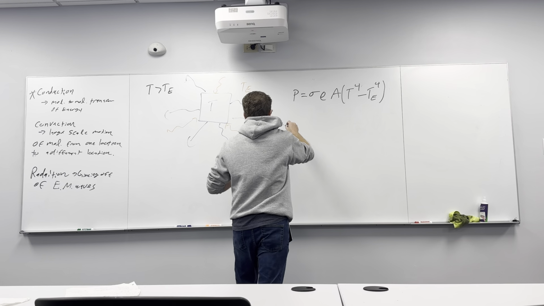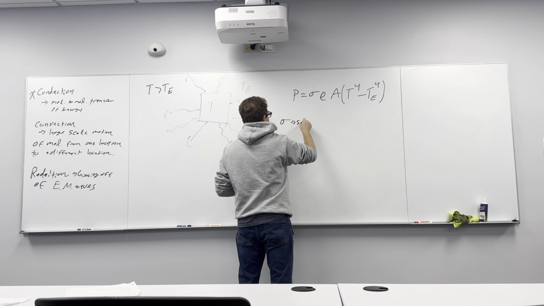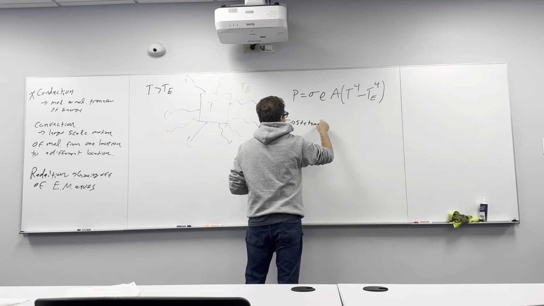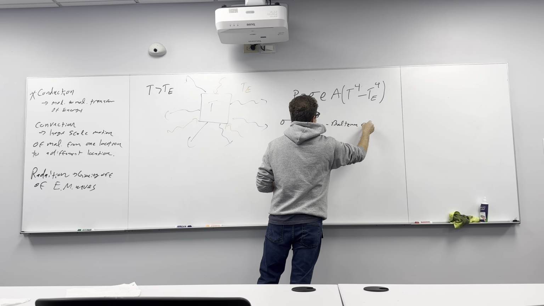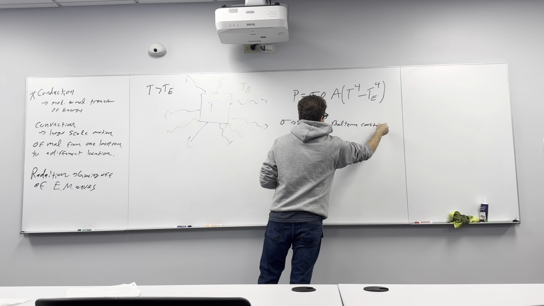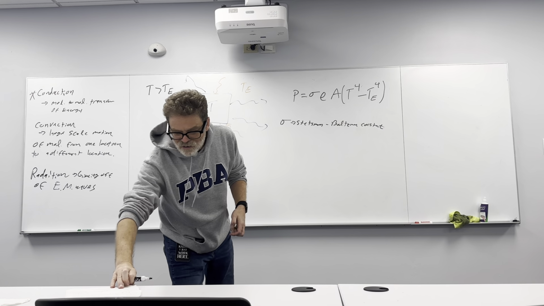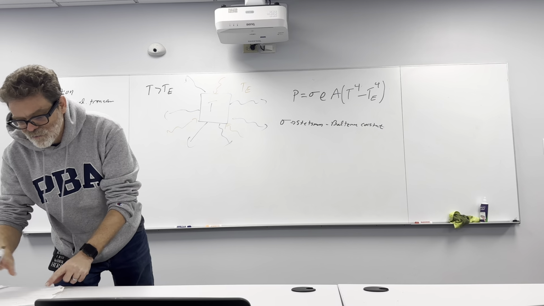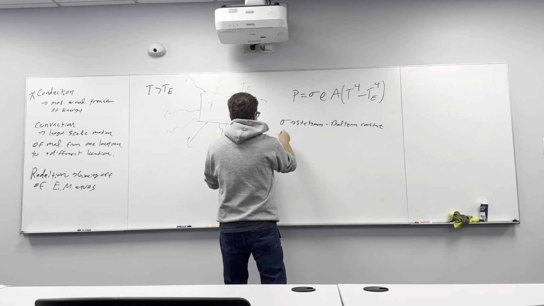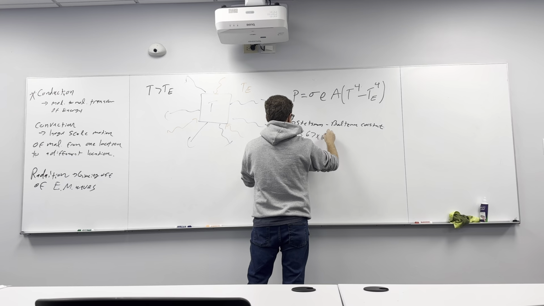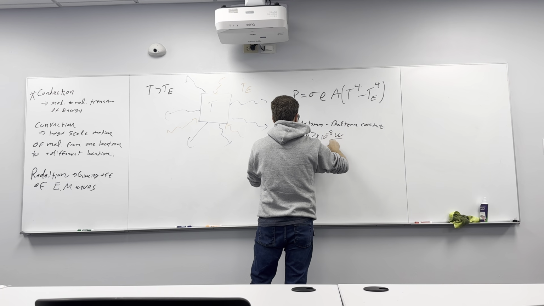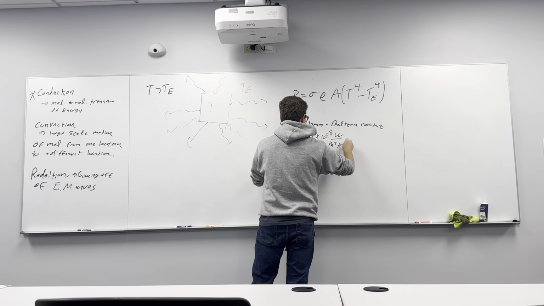So sigma is called the Boltzmann constant, and its value is, I have it in my notes because I don't have it memorized, sigma equals 5.67 times 10 to the negative 8 watts per meter squared Kelvin to the fourth.